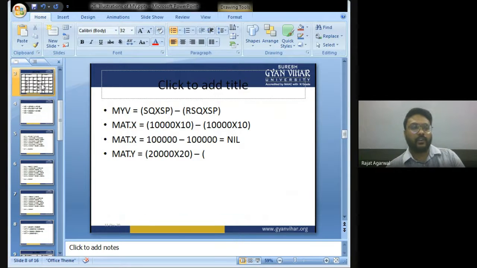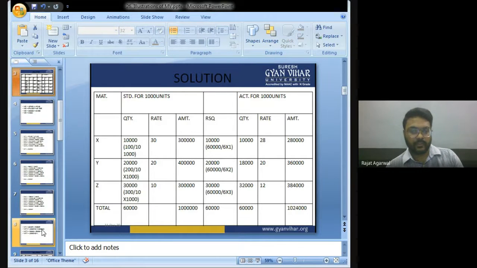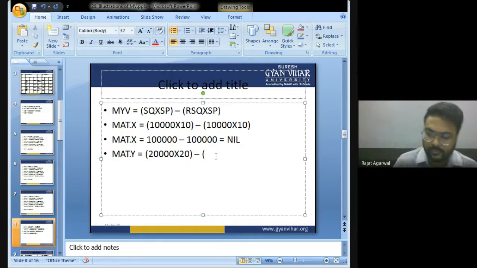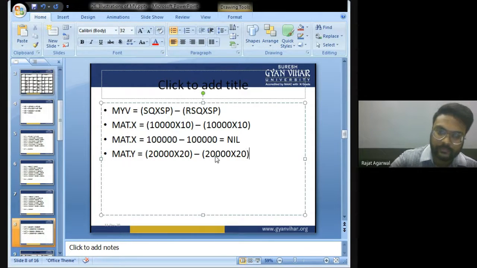Revised standard quantity of Y is 20,000 into standard price 20. 4 lakh minus 4 lakh, answer is nil.